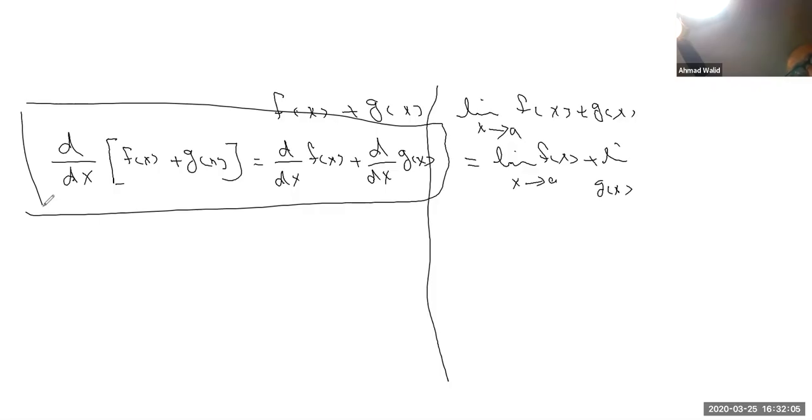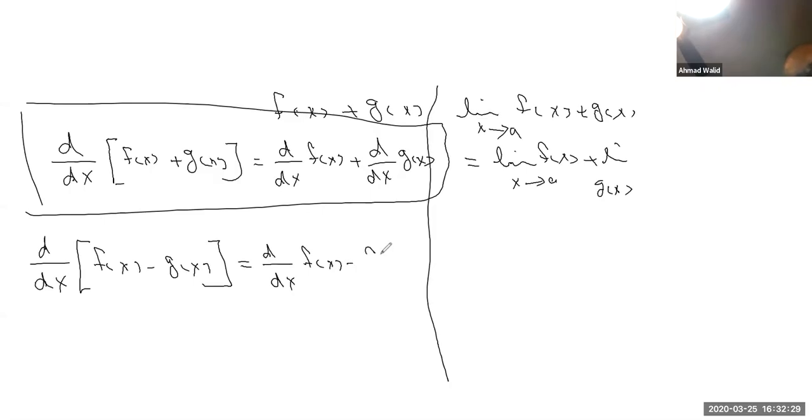Same way, we have the same formula for subtraction. d over dx of f of x minus g of x is equal to d over dx of f of x minus d over dx of g of x. We call these the subtraction and addition rules of the derivatives.